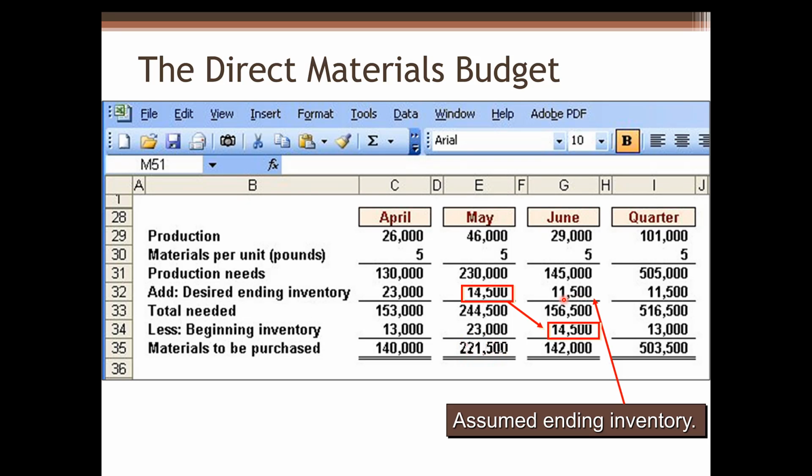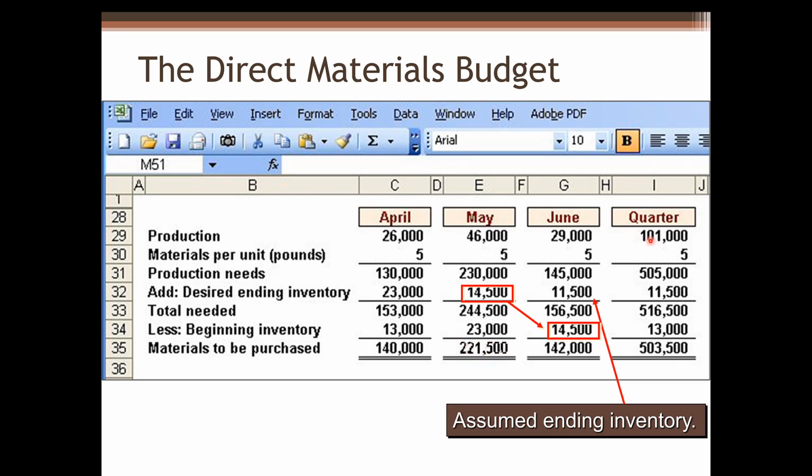And here, this is 11,500. So we get the total needed, minus beginning inventory of June, which is the ending balance in May. And we get materials to be purchased in June, 142,000.